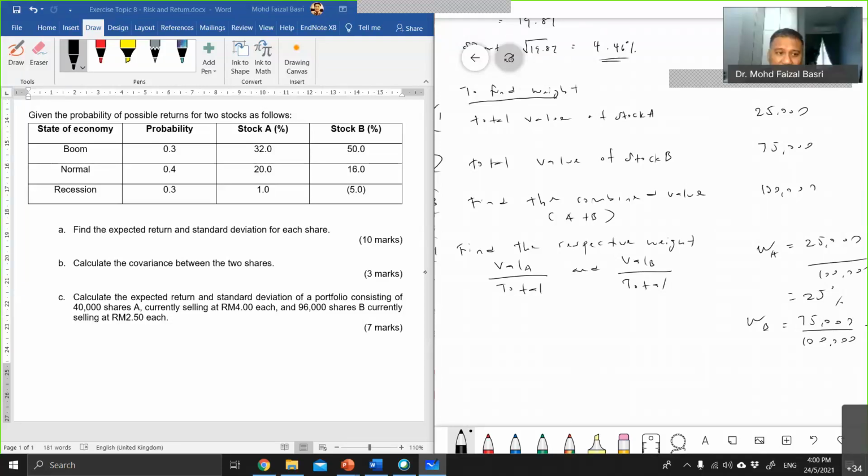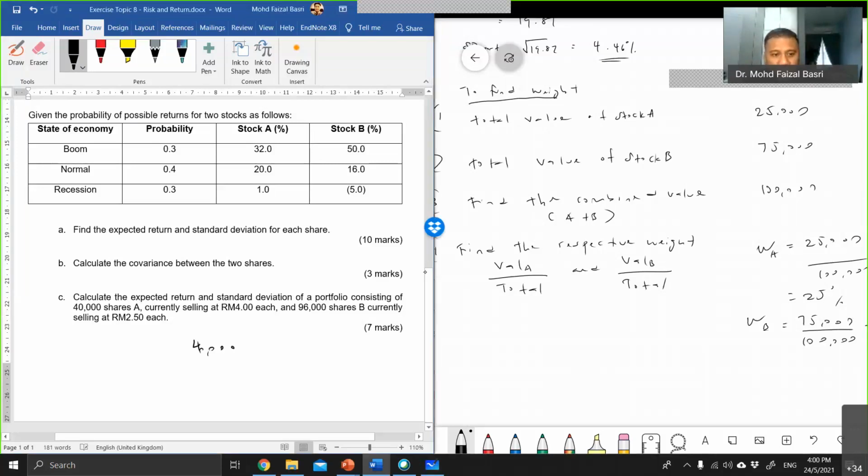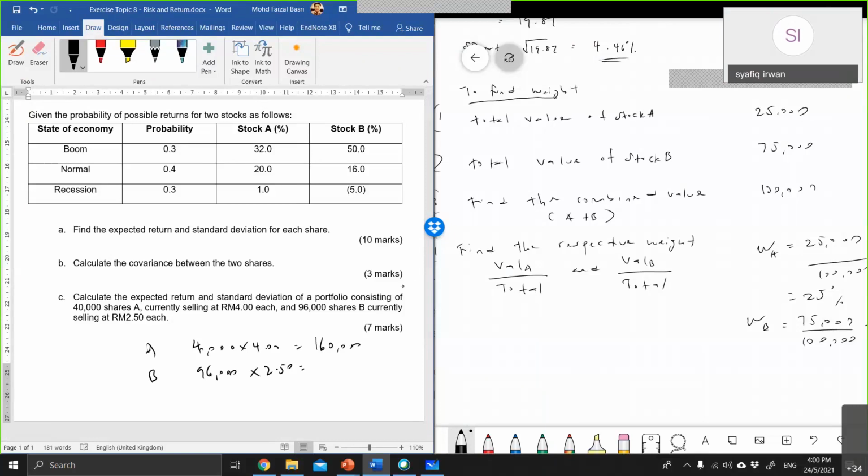You multiply the number of stocks times the value of the individual shares. For example, in this case, stock A is 40,000 units and each unit is worth 4 ringgit. So 40,000 times 4 ringgit is 160,000. This is stock A, and for stock B, it would be 96,000 units with 2.50, so 240,000.